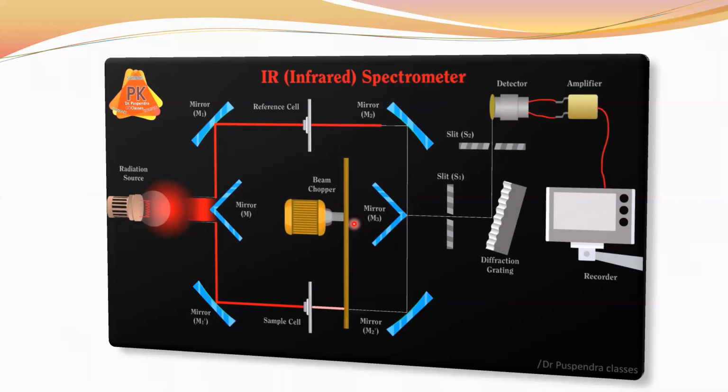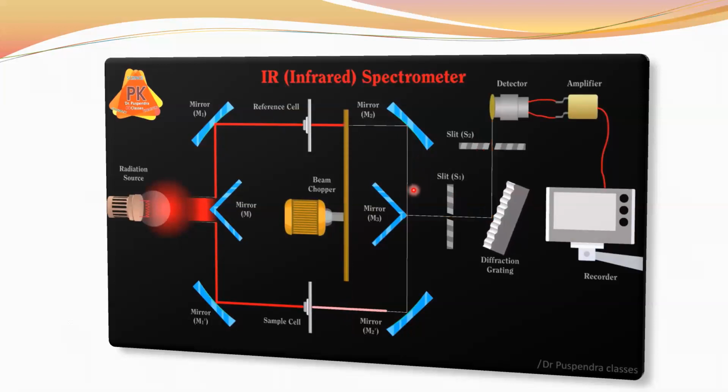Then if it passes the reference beam, it reaches the mirror M3 or the chopper mirror, then it will go to the grating, and the grating can be rotated. So at any particular orientation, it will send some wavelength through to the detector. So when we adjust the rotation, we can observe the entire IR frequency.